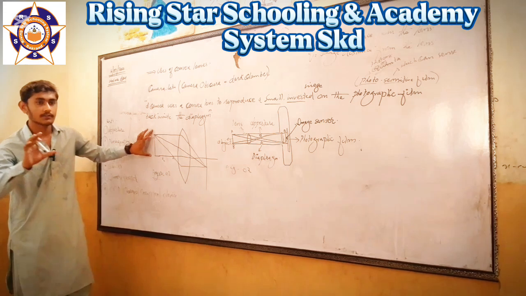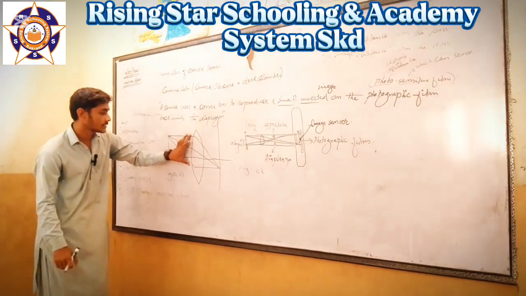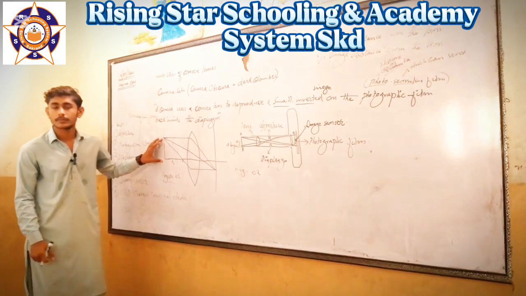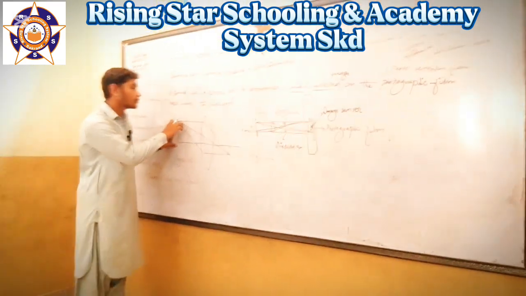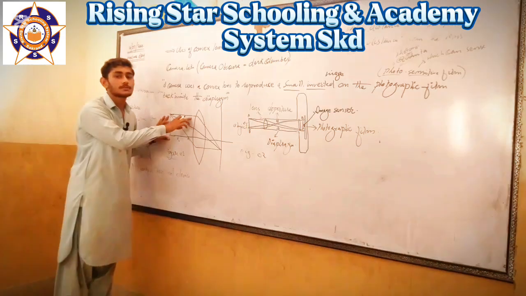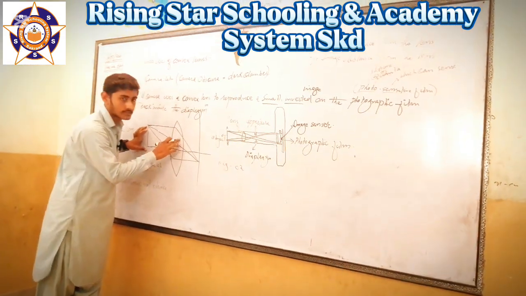Let's understand how a camera works. This is a lens, and suppose this is the object kept here. Whenever a ray goes parallel to the convex lens, it refracts.